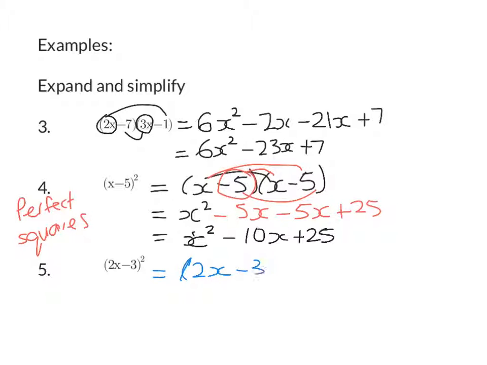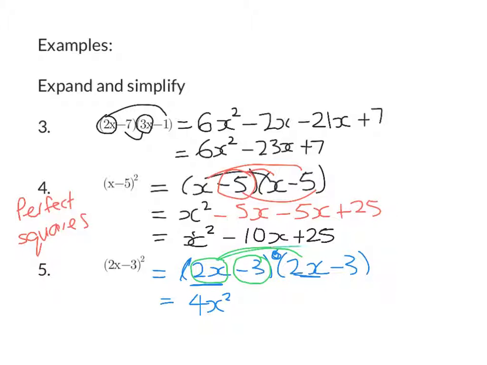So write it out first. Right, so the first two together gives me 4x squared, so it's 2x times 2x first, and the outer ones give me minus 6x, inner ones minus 6x again plus 9.